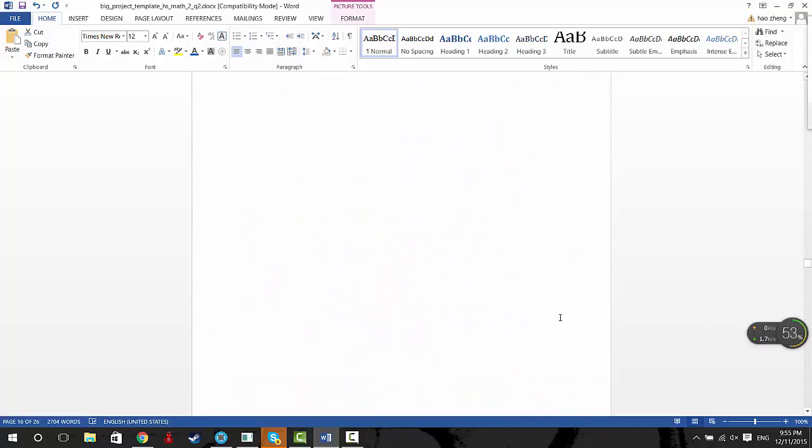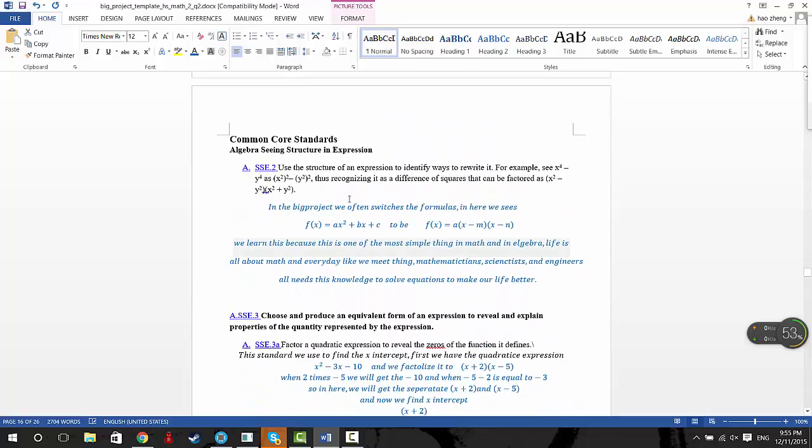Okay, SSE2, use the structure of an expression. In the big project, we often switch formulas like this. This standard is about identifying the expressions, which structure it is, and how we switch it.